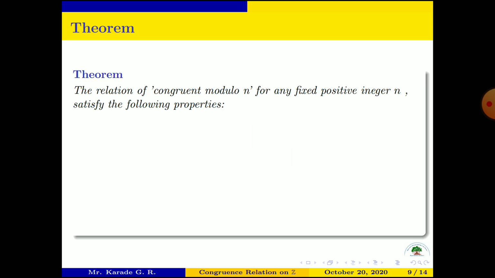First property: a is congruent to a mod n for all a belongs to Z. This property says that if a is any integer, then that integer a is congruent to itself modulo n.